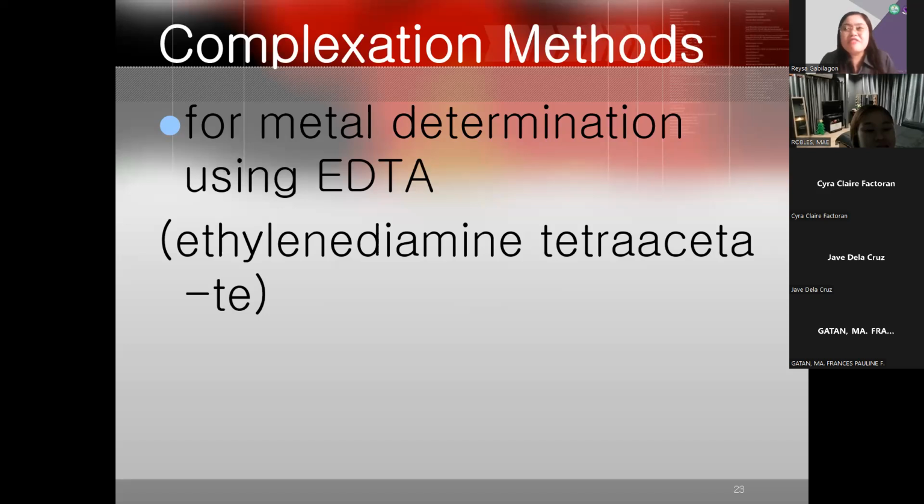But actually, they prefer using sophisticated equipment in the laboratory, just like the AAS, atomic absorption spectrophotometry, wherein it will make our lives easier because we will just introduce a small sample in the machine, and then automatically it will give us the amount of the certain metal that we want to detect and quantify.